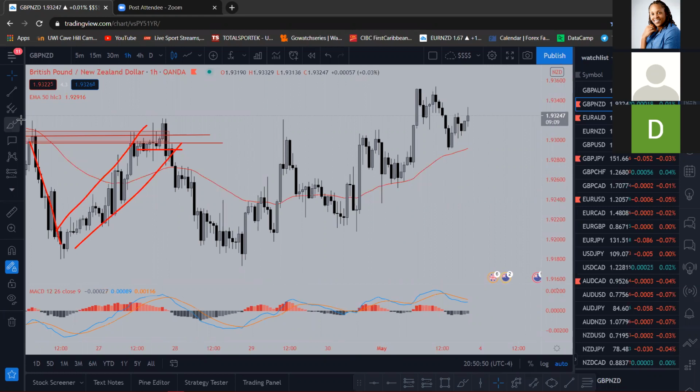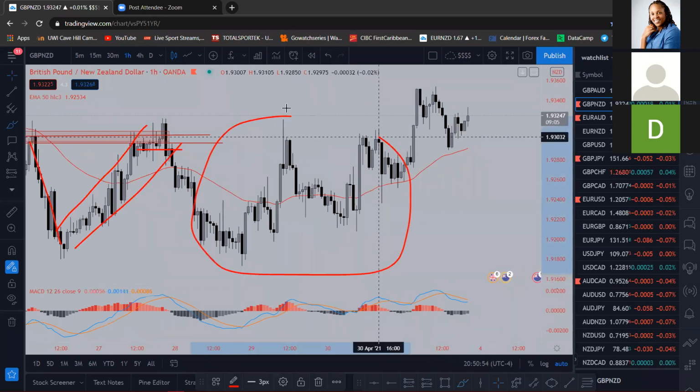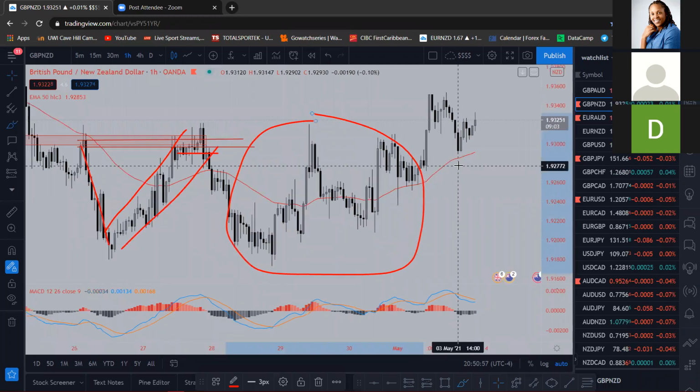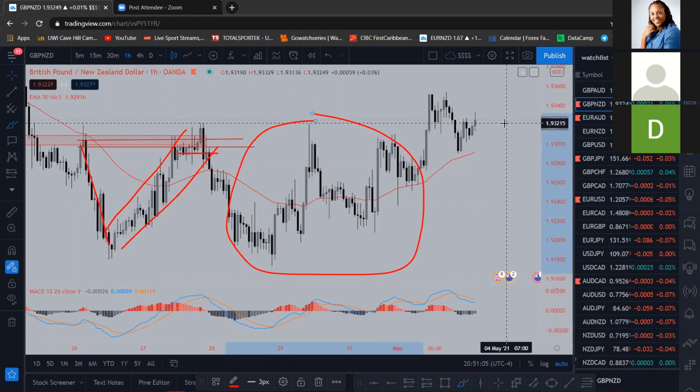Before I draw them out, everyone can see this one here. Tell me how many flags you all can see here before I draw them up. Anybody?